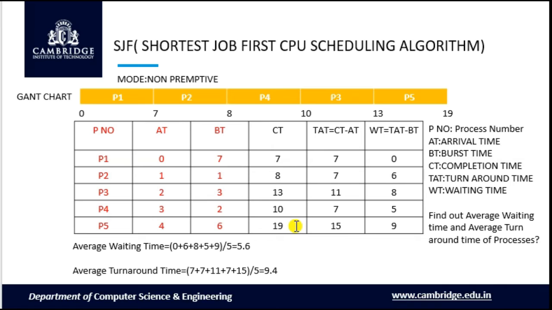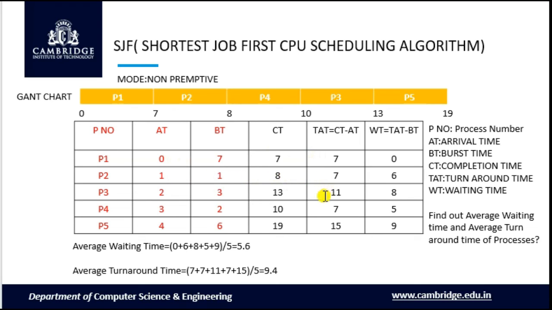Afterwards you have to find out turnaround time and waiting time. Turnaround time is found by CT minus AT, completion time minus arrival time. Completion time of P1 is 7, arrival time is 0, so 7 minus 0 is 7. Completion time of P2 is 8, arrival time is 1, 8 minus 1 is 7.